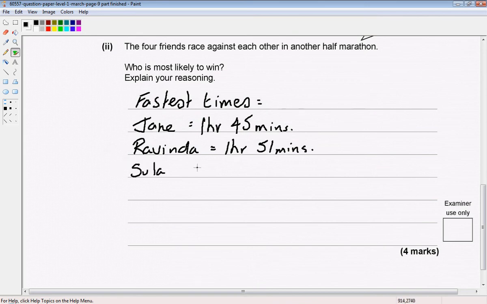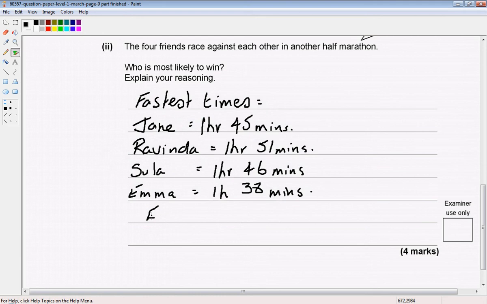Sula, she ran 1 hour 46 minutes. And Emma ran 1 hour 38 minutes.